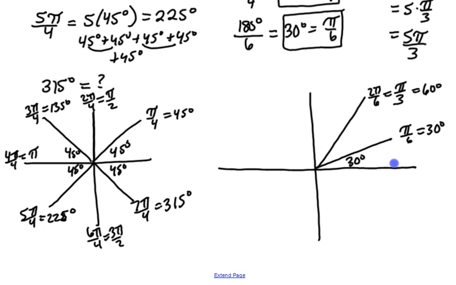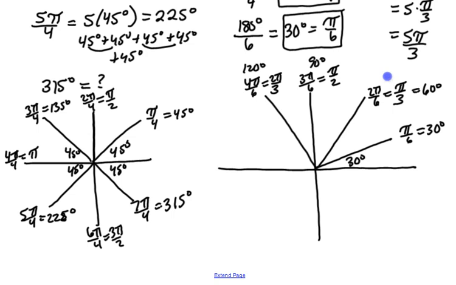Then if we go another 30, that's 3 pi over 6, but that's pi over 2, so that's 90. And then we go another 30, and that's 4 pi over 6, but that's 2 pi over 3. And 2 pi over 3 makes sense because this is 120, so here's my 90.